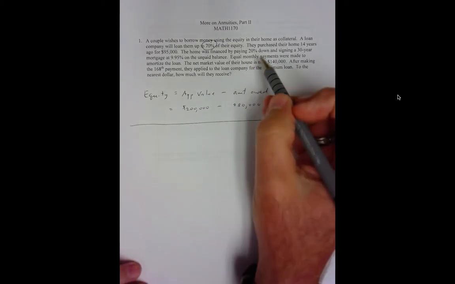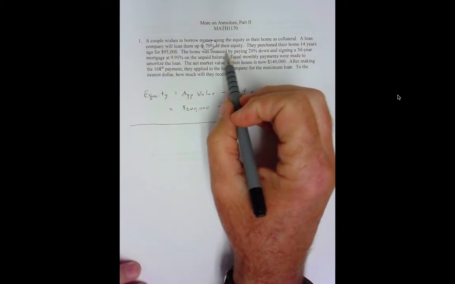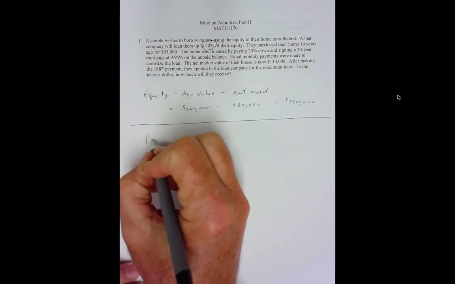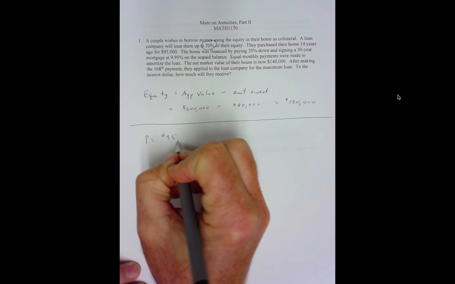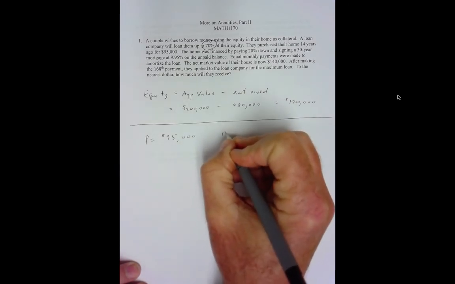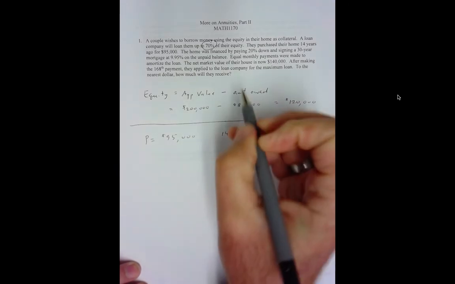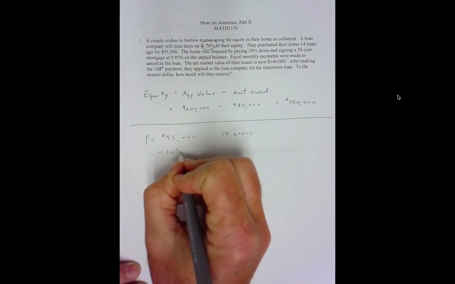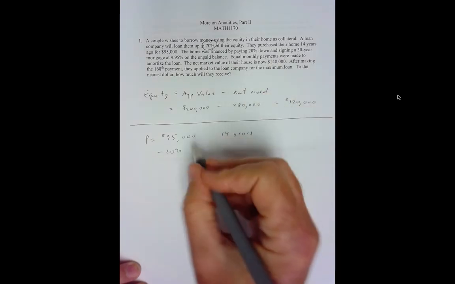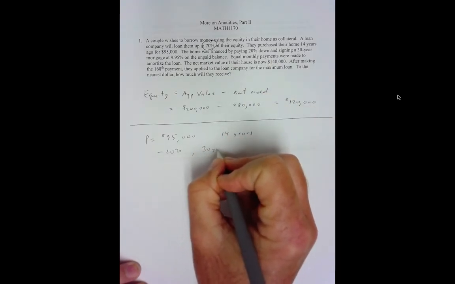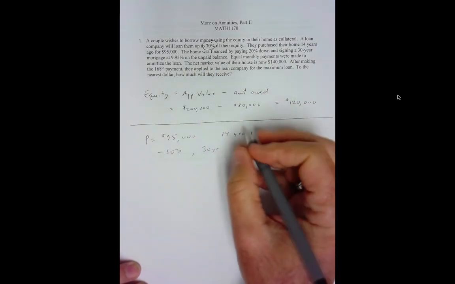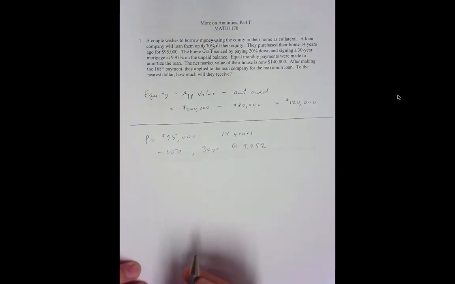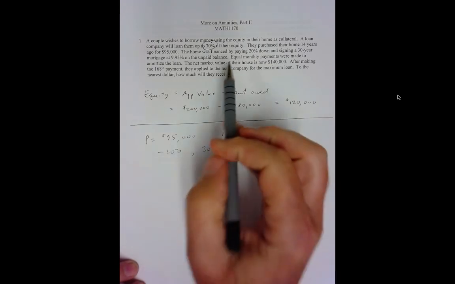So, all right, let's see what we got. This couple purchased their home 14 years ago for $95,000. The home was financed by paying 20% down and signing a 30-year mortgage at 9.95% on the unpaid balances.